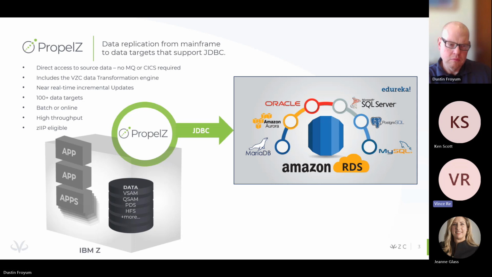But for the majority of use cases where what you're looking to do is just have a near real-time copy of the record out on the target database, that's a lot of pain to go through. A much better alternative would be to run PropelZ with our incremental options.